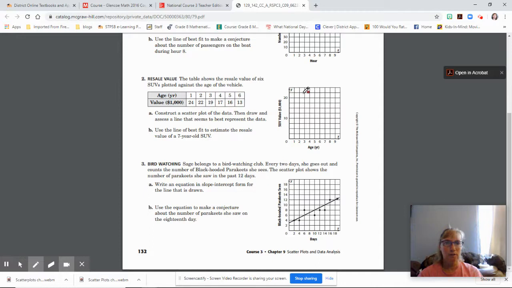Our value for 1 year is right about at the top. Year 2 is 22,000, which is just below this line, because this is 22.5. Just estimating. Year 3 is 19,000, which is just below 20.